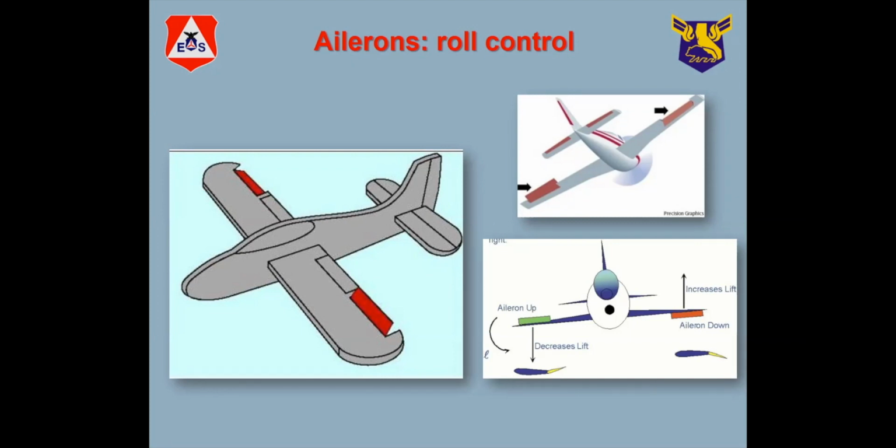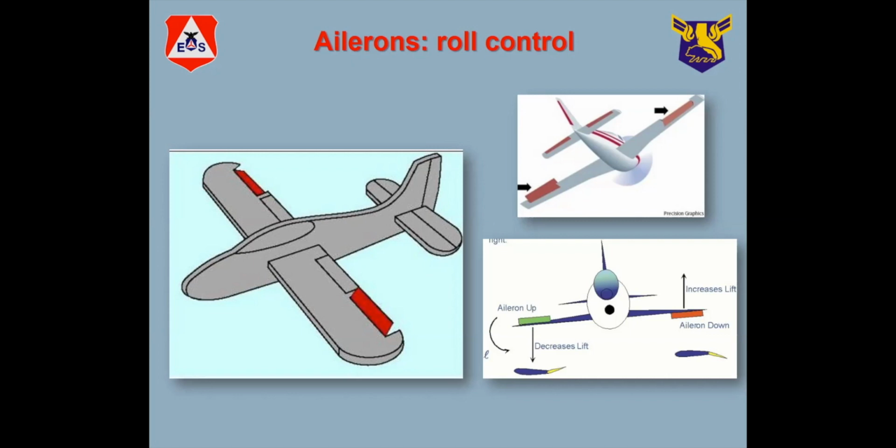It would want to rock to the left, because the right wing is going to go up because of more lift, and the left wing is going to go down because of lost lift. So it's going to move the wings to the left. That's illustrated in the top picture and the bottom picture. So without going any further, that's how ailerons work.